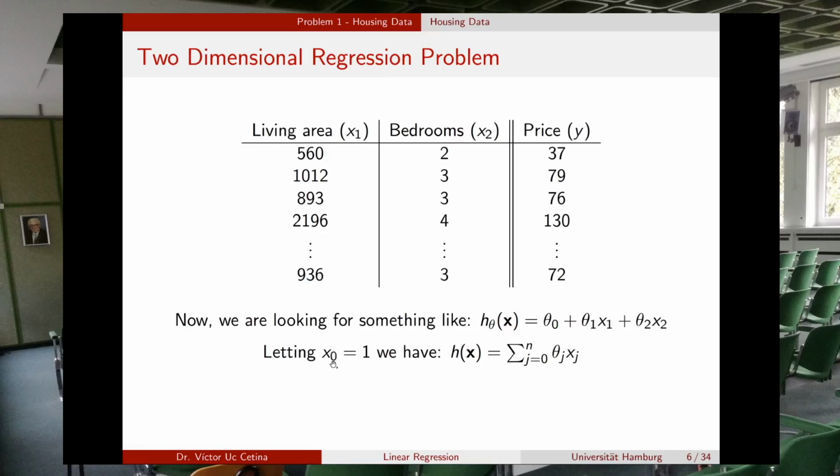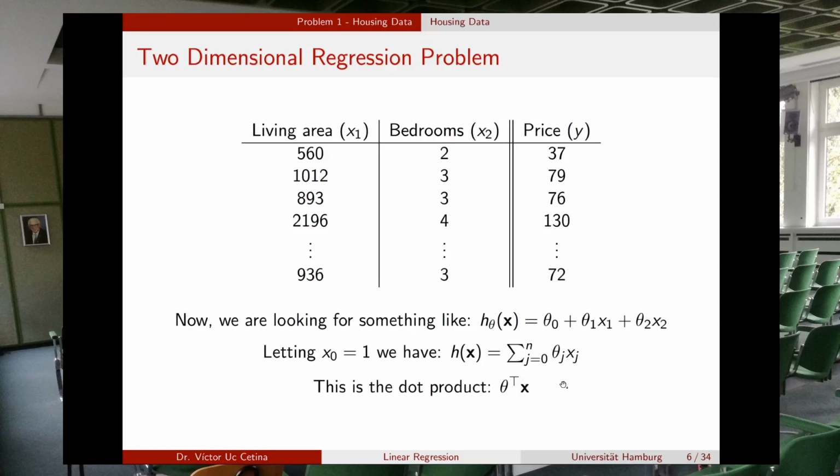If we have this x0, we can rewrite this expression in this way, as the sum from j equals 0 to n, where n will be in this case 2. So you will sum all the products theta j times xj from j equals 0 to n. This is a more compact way to represent our model.